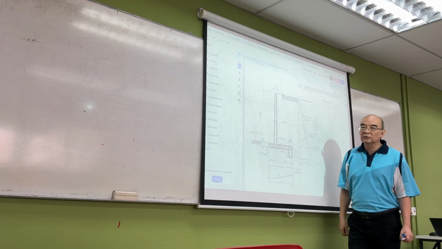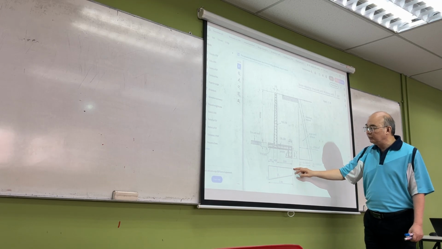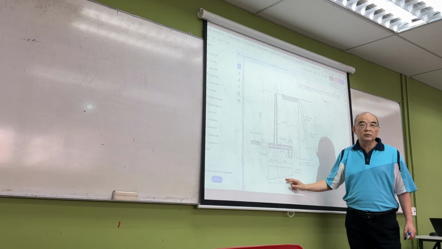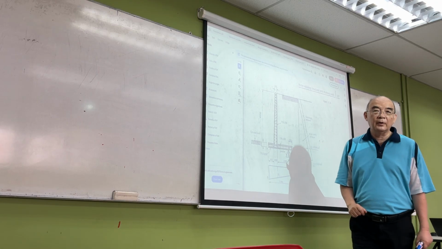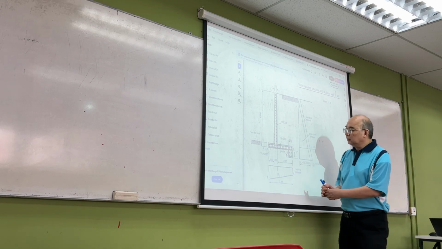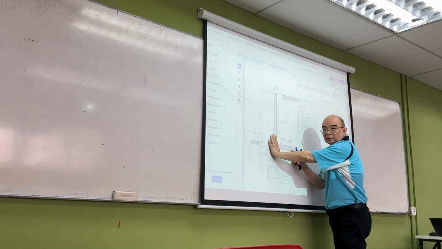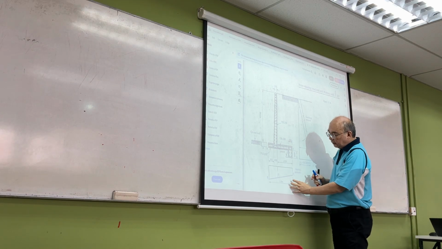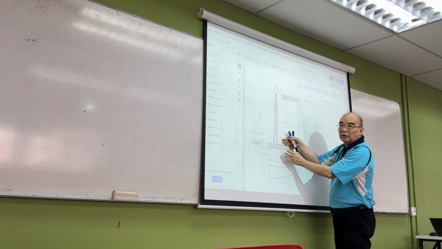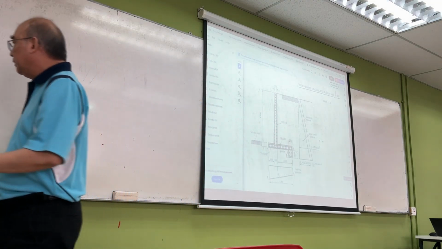Here they have calculated the pressure diagram to be a trapezoidal pressure diagram. Then, just like earlier, you will look at this segment here. You have a soil pressure acting here and a loading acting here. So based on that, that means I will.